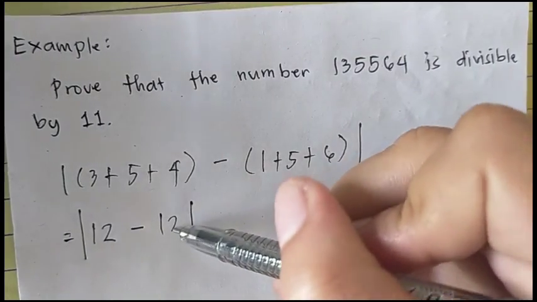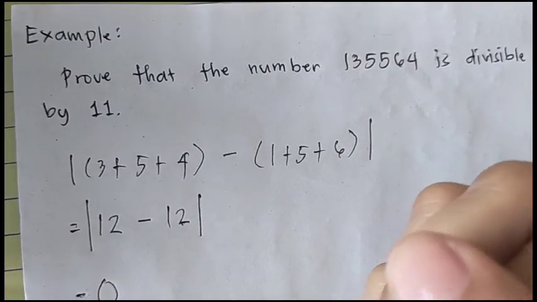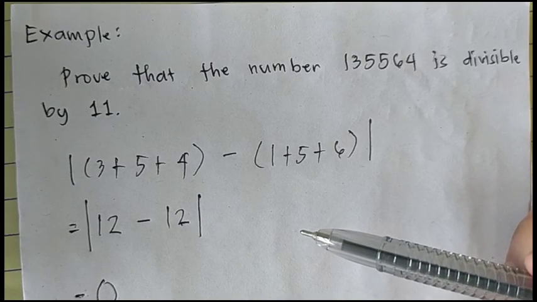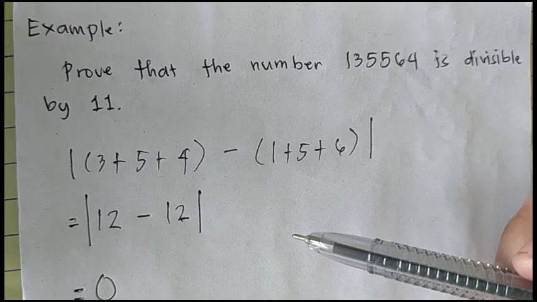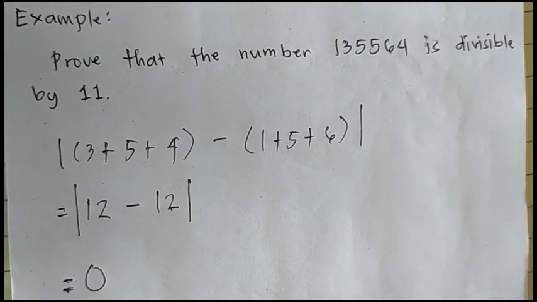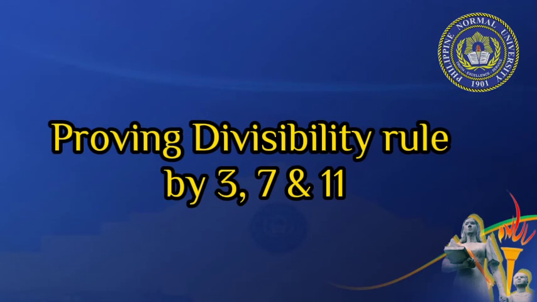So getting this one, we have 0. Since this is equal to 0, therefore the number 135,564 is divisible by 11.